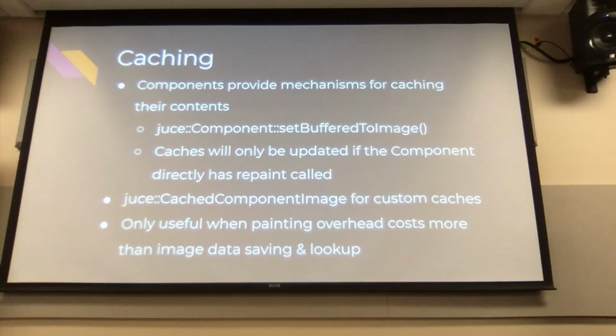Because if you're repainting a lot and you turn on setBufferedToImage for the component that's being repainted a lot, you will see your CPU jump up probably twice as much or more, just because it's now so much heavier to save all that data, draw into all of it because you keep repainting, and then pass off that image to the graphics context that will then draw it on screen. So it's useful for things that are complex to draw but don't need to be updated very often. And one way that you can do that using custom behavior is with the CachedComponentImage class.